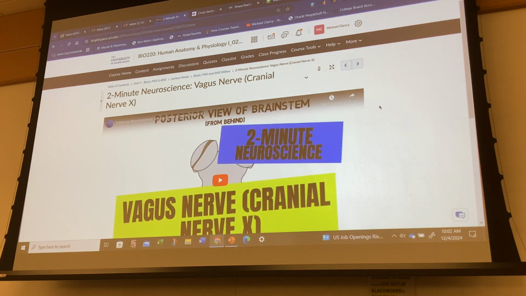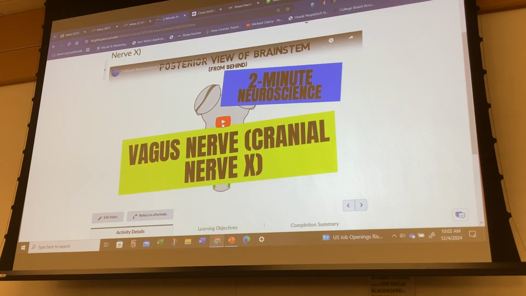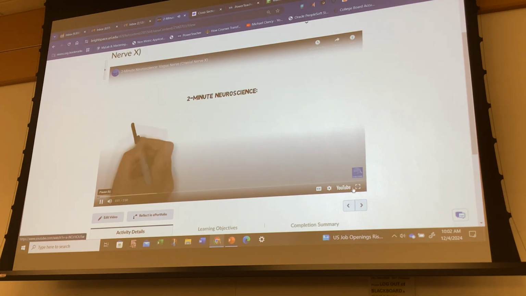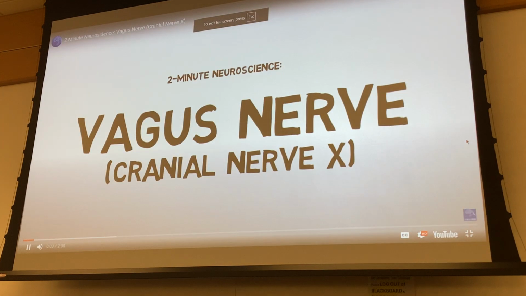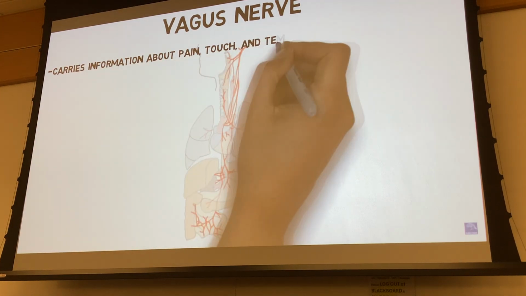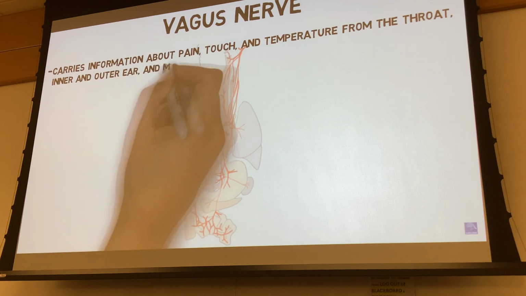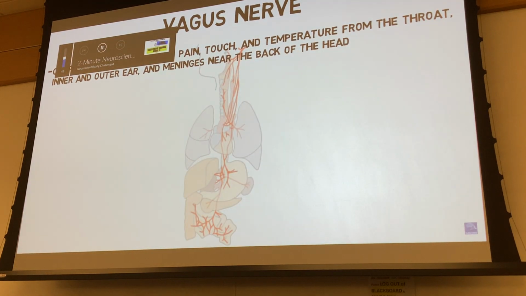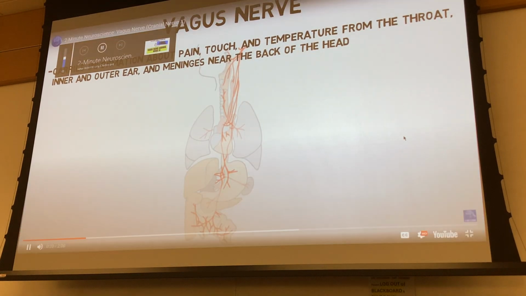So we just talked about the cranial nerves. The vagus nerve is an extremely long nerve that travels from the brainstem to the colon and has a long list of functions. It carries sensory information about pain, touch, and temperature from the throat, parts of the inner and outer ear, and the meninges near the back of the head.